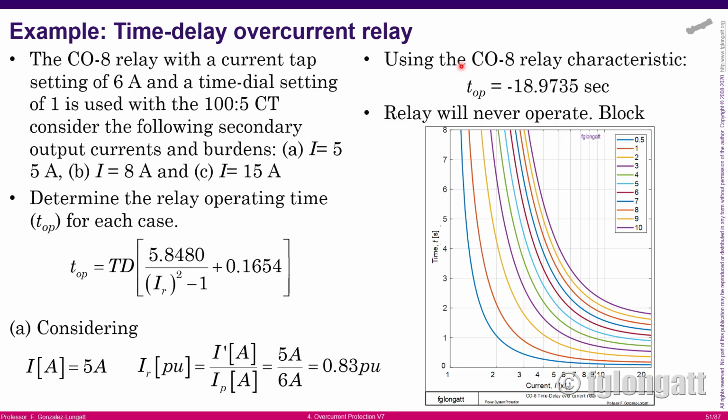Don't be shocked. That negative time is just telling you that that is a non-operational point. I mean, the relay will never operate at that very small current as we are expecting, because it's below the pickup current, and this relay is blocked. Okay?